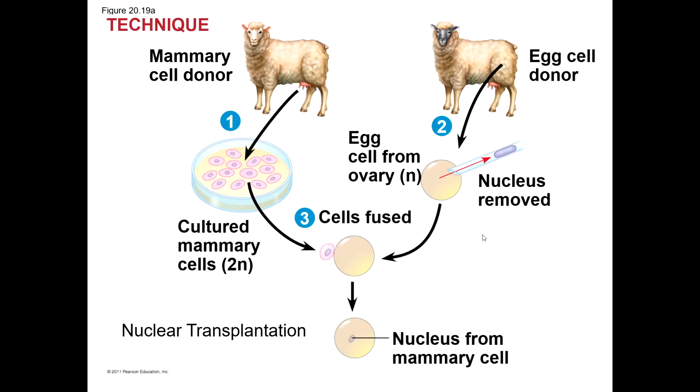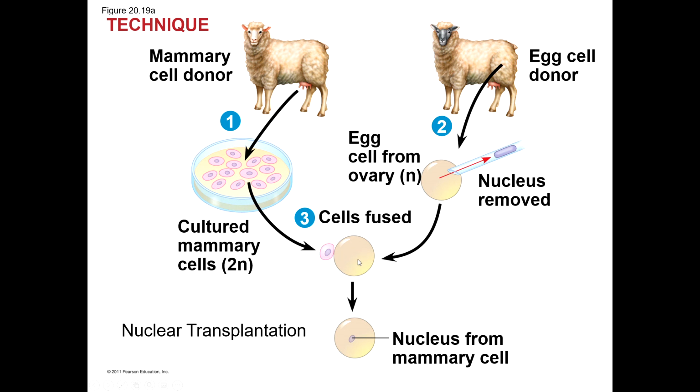So it was a huge breakthrough, and yet there's really not much to it when you look at how it's done. You simply take cultured mammary cells. You can use any cells as long as they're diploid cells, and you have an egg from a donor cell, and you remove that haploid nucleus and take the diploid nucleus out of the mammary cells and put it into the egg.